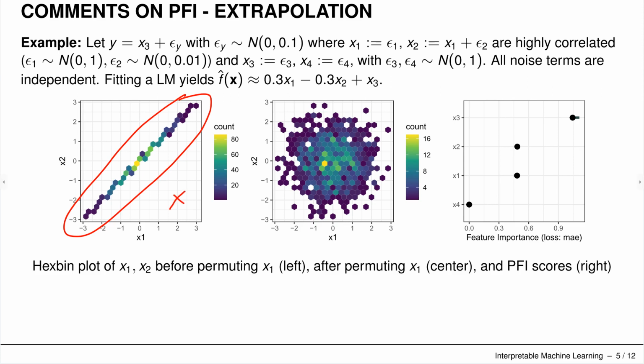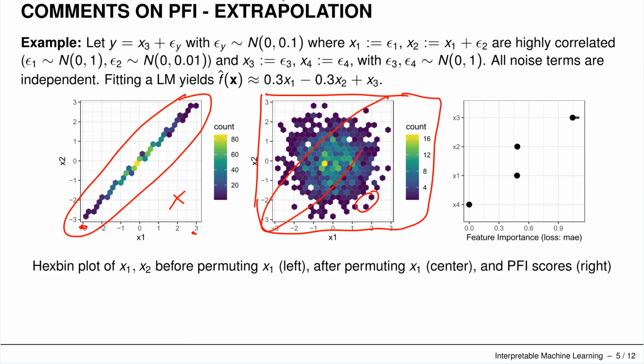But now, if you permute X1, you will get all values of the marginal distribution of X1, and this is between -3 and 3. So what happens is that this correlation is destroyed and you get data like this. You also get those very unrealistic data points. Actually, all data points not on this diagonal are quite unrealistic.